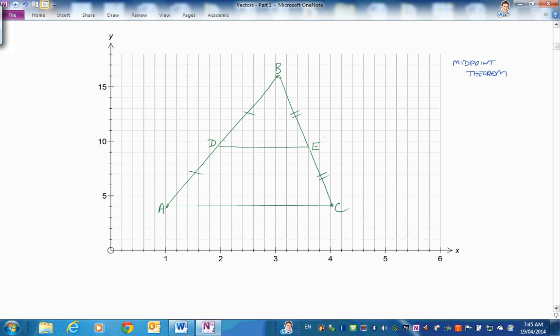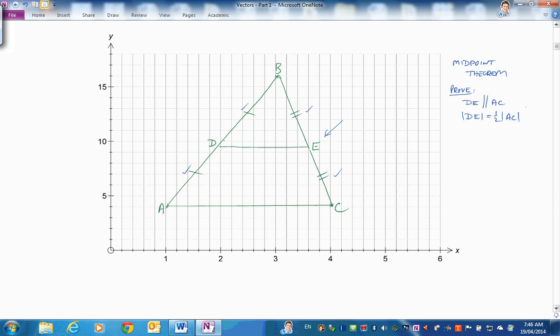The line joining the two midpoints of any two sides of a triangle is parallel to the third side and half its length. So we want to prove that now. Let's see if we can prove that DE is parallel to AC, and the length of DE is half the length of AC.